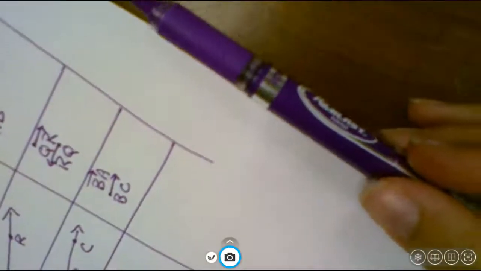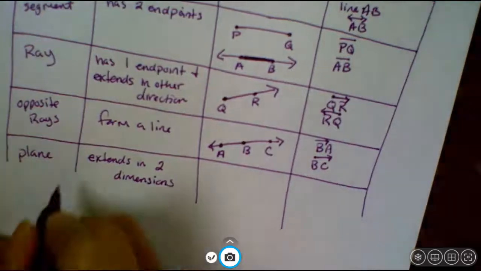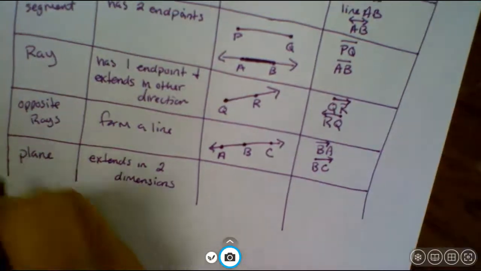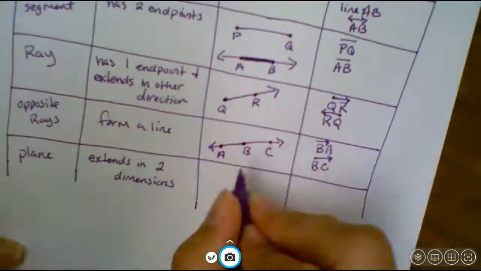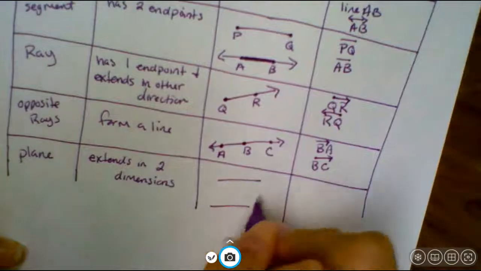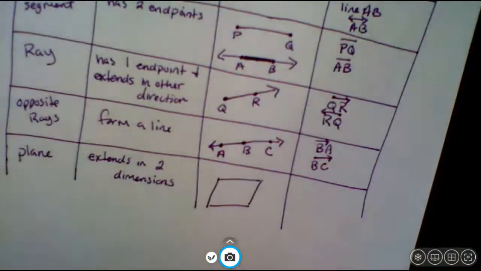But technically, it doesn't end where the paper ends. It keeps going. So it's not three-dimensional. It doesn't come up at me, but it would continue going this direction, and then the bottom would continue going this direction. So most of the time when you have a drawing of a plane, that's basically what it looks like, is a piece of paper. So it's normally like a little slanted square. Normally, it doesn't have to be.